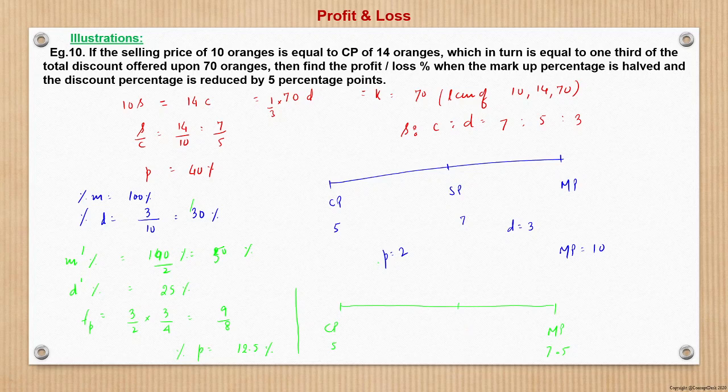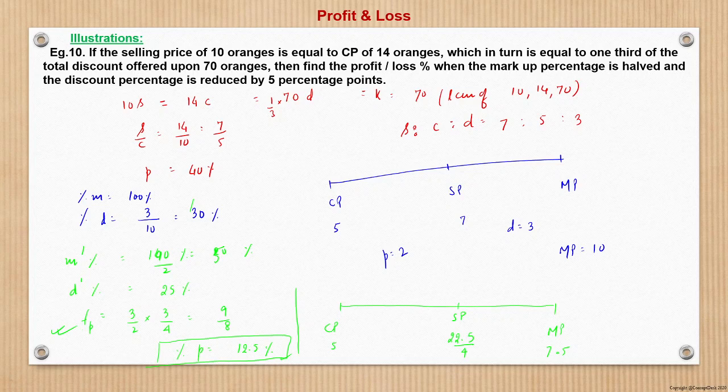So that becomes 7.5 minus 25%, which is 22.5 by 4. Right. So from here, if we calculate the profit, that is 22.5 by 4 minus 5 upon 5, then that also we get as 12.5% as the answer. But this method is more preferred, and therefore we can obtain the answer.